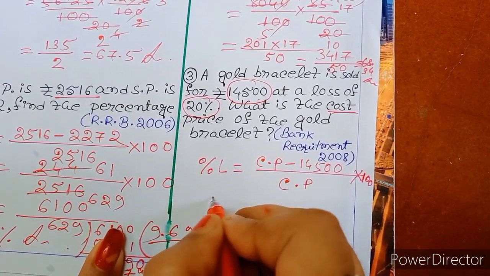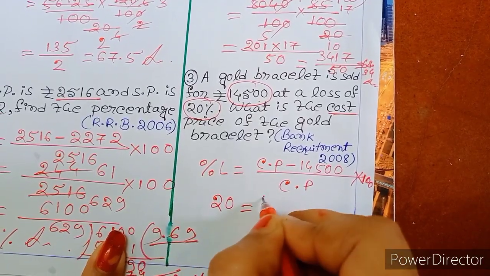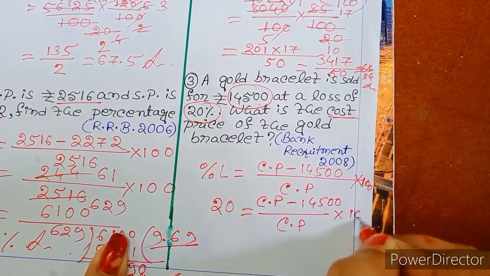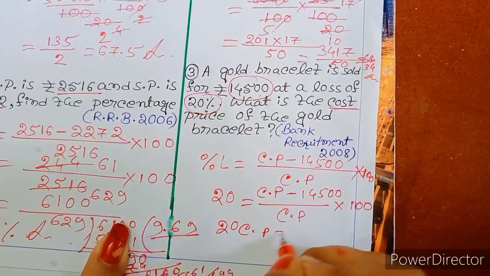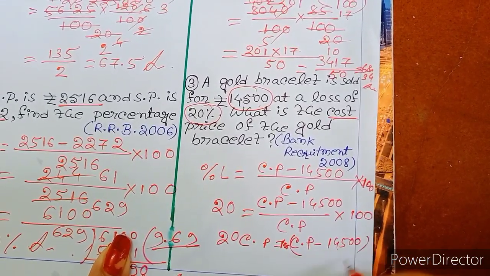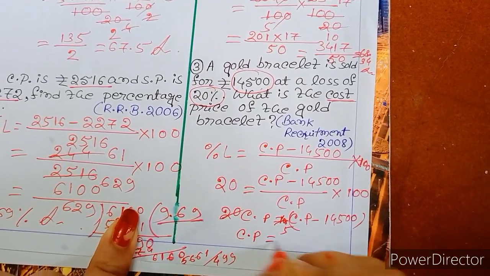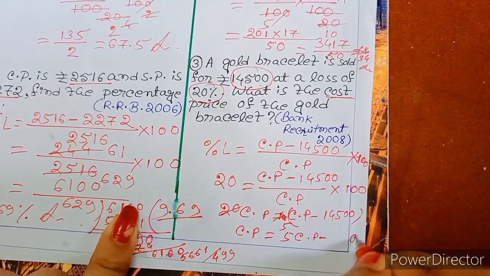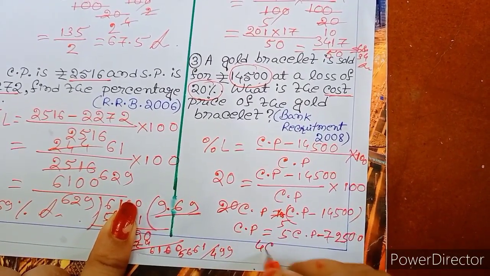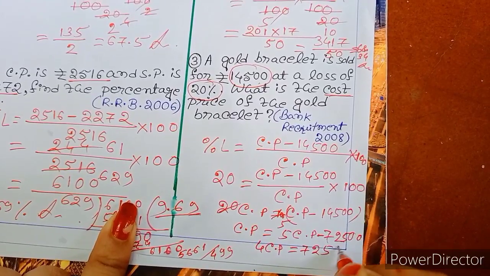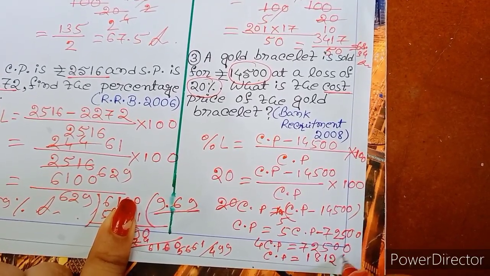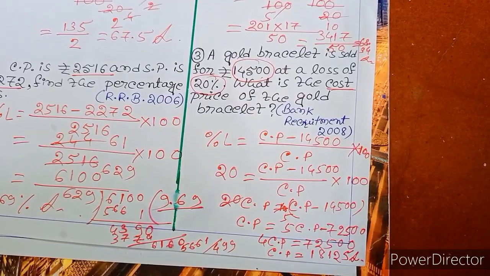So 20 equal to cost price minus 14,500 by cost price into 100. 20 cost price equal to 100 cost price minus 100 times 14,500. So 4 cost price equal to 72500. So cost price equal to 18125.